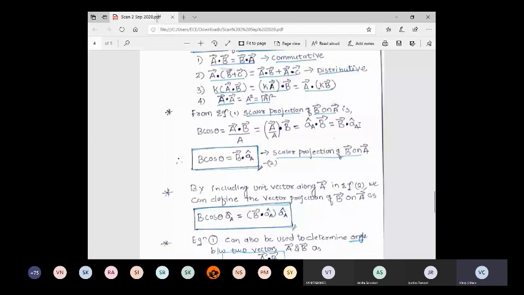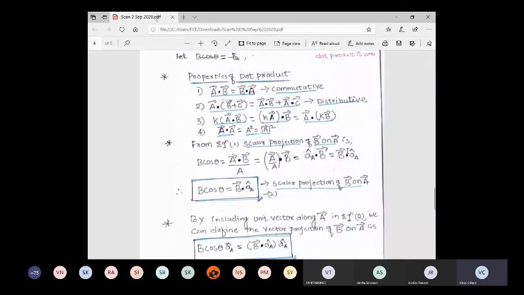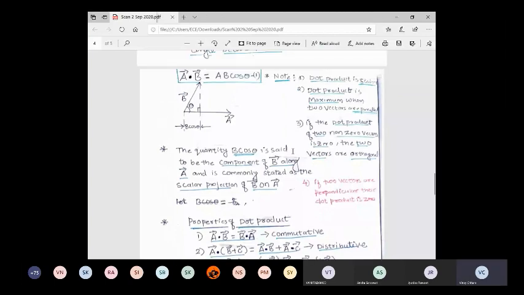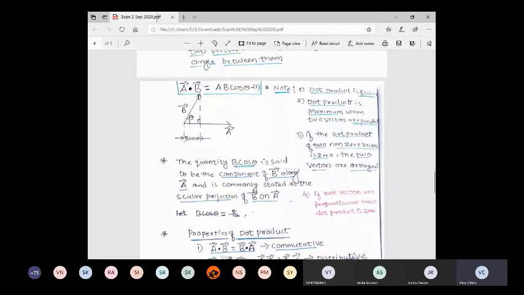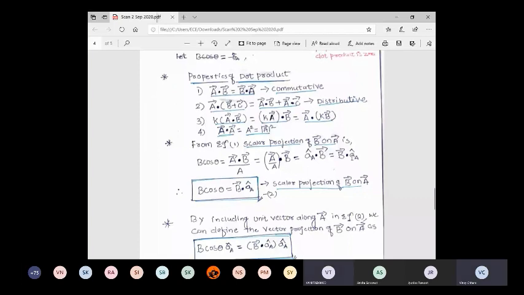Can anyone tell me what the expression will be for the scalar projection of A on B? Anyone, please?